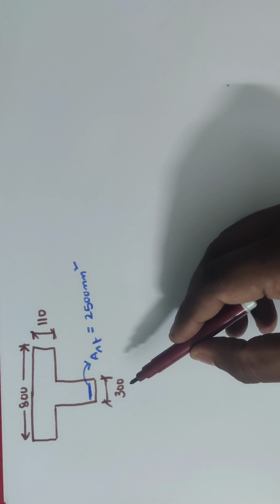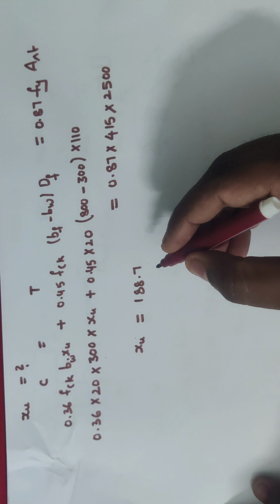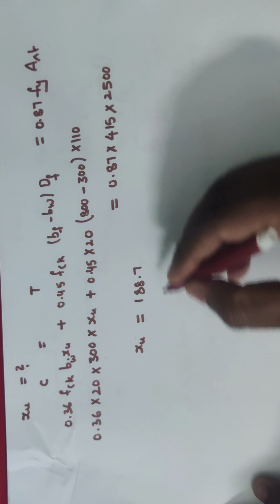From here we need to determine the XU value. XU value is 188.7. Now we need to check whether this value is less than XU max or greater than XU max.